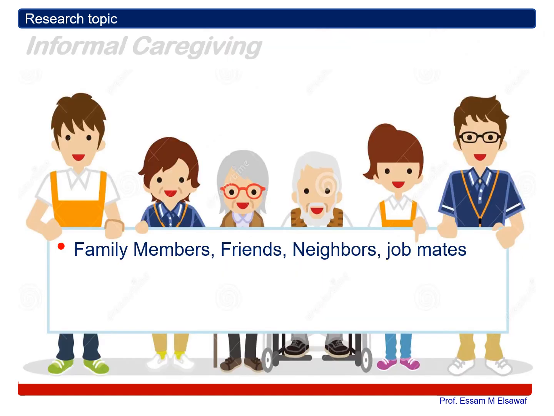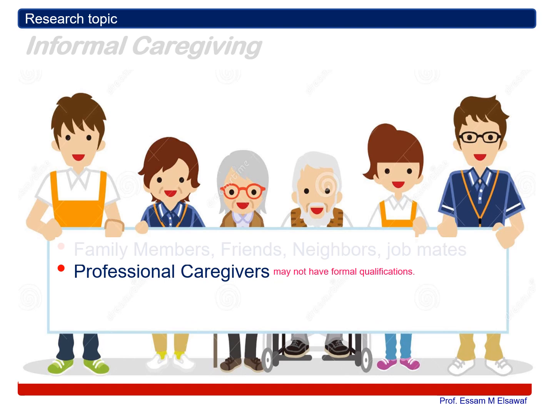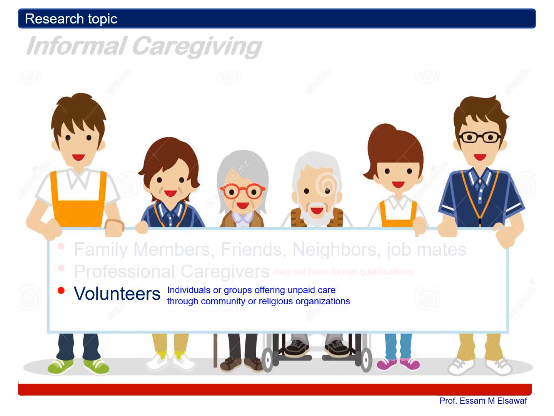For example, family members, friends, neighbors, job mates, professional caregivers. They may not have formal qualifications, but they are practicing health providing. Although they are professional, they do not have a license. Volunteers also, individuals or groups offering unpaid care through community or religious organizations.